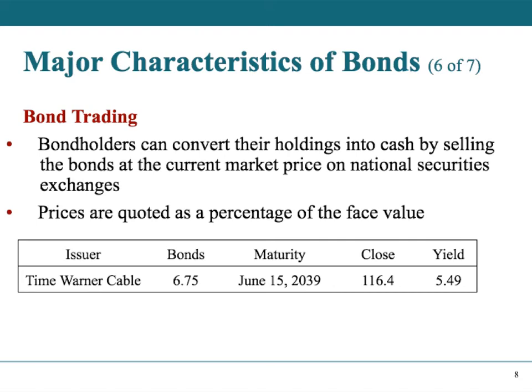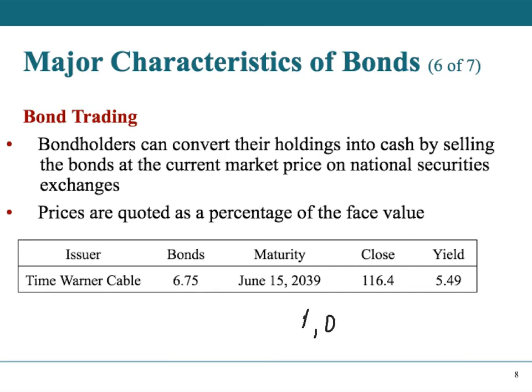So you can sell it at the current market price, and the prices are quoted as a percentage of face value. You can see up here, the bond's contractual rate is 6.75. However, current yield is 5.49. Here's the maturity date, and they closed at 116.4. So think of it as a percentage. For example, if you have a $1,000 bond, how would you know how much it is?